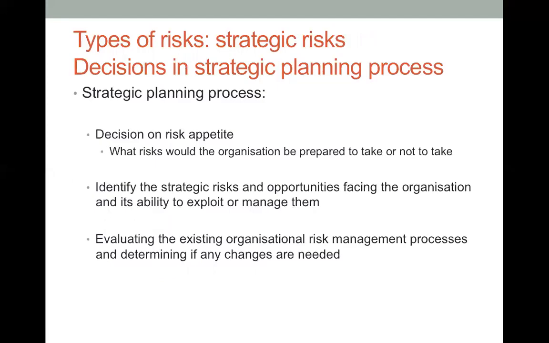Now let's have a look at the strategic risks. The strategic risks deal with the decisions in the strategic planning process. So what is strategic planning? Strategic planning, in brief, is the process that the organization undertakes to assess whether they can still compete in the changing environment.